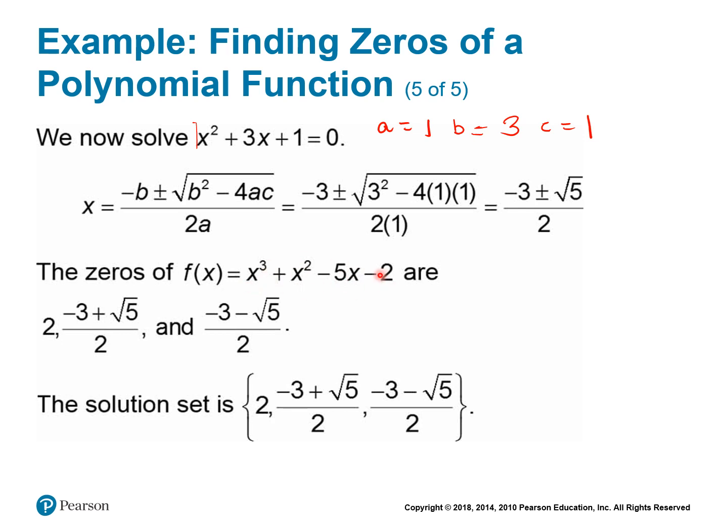This was the original polynomial function. So the graph will touch the x-axis not only at 2, but also at whatever these values evaluate to: minus 3 plus square root of 5 divided by 2, and minus 3 minus square root of 5 divided by 2. You will need your calculators to get the exact numbers that these evaluate to.